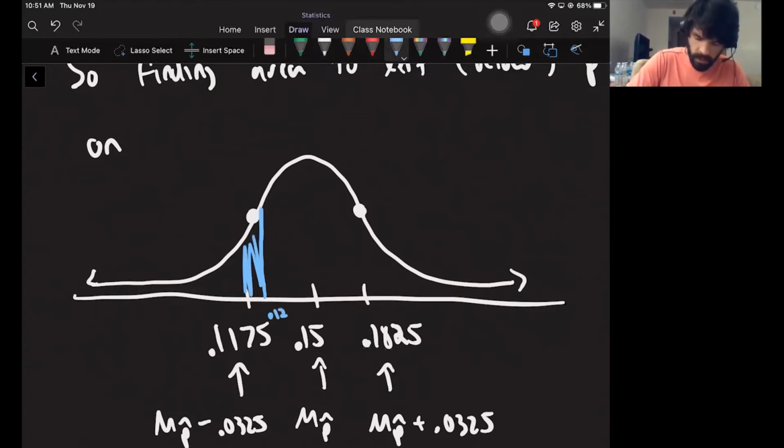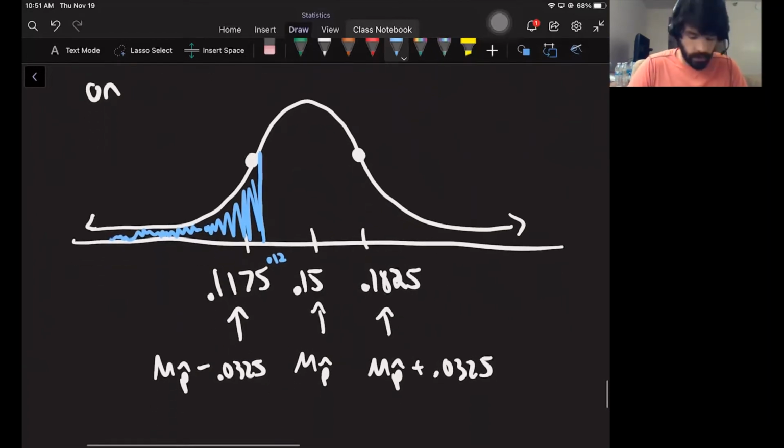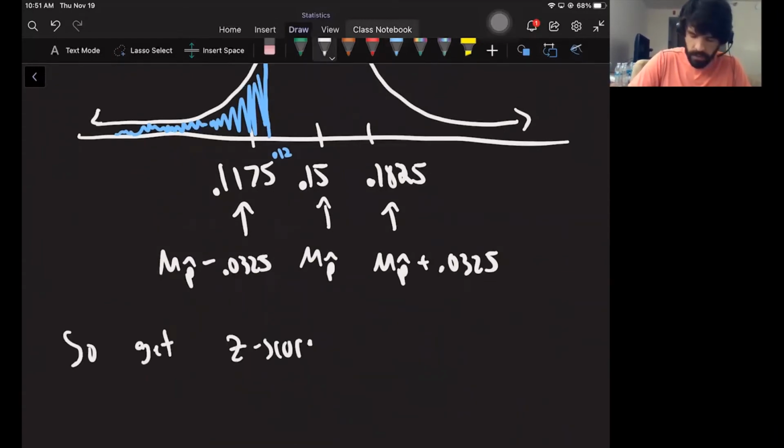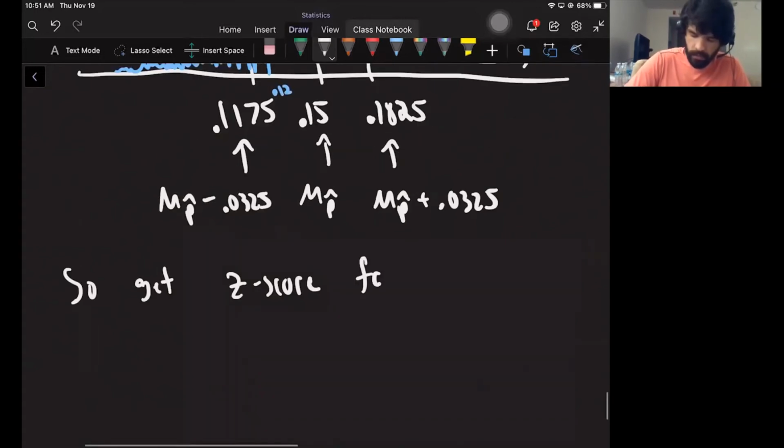So I'm really finding the area below it because I want to know the probability that at most, which is another way of saying less than, at most 0.12 of the sample has hearing loss. So to find this area, now I need the z-score on this normal distribution for 0.12.